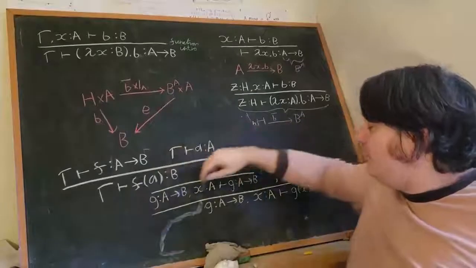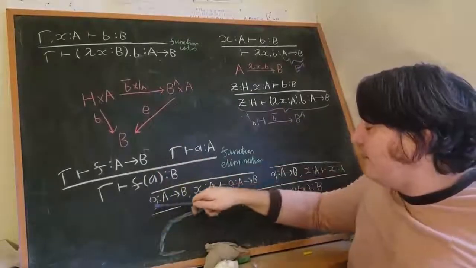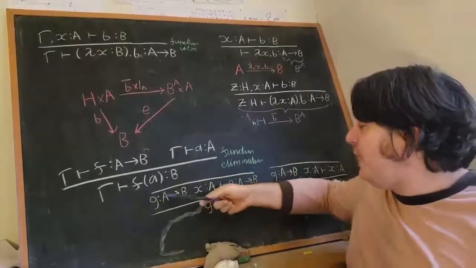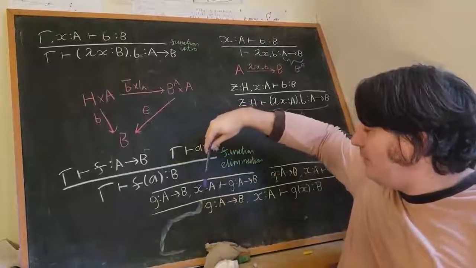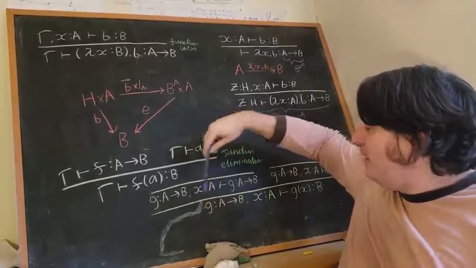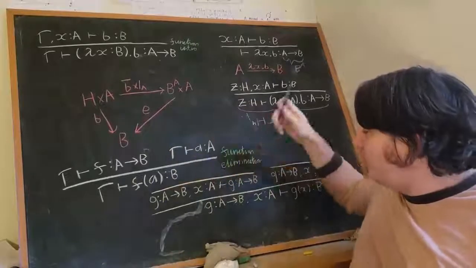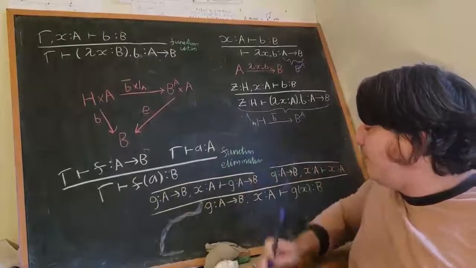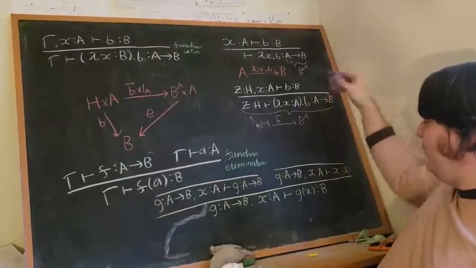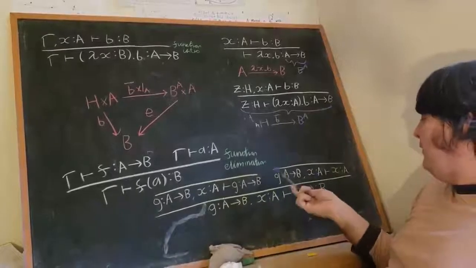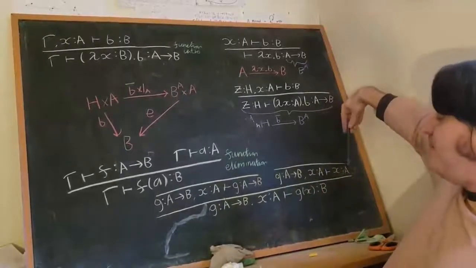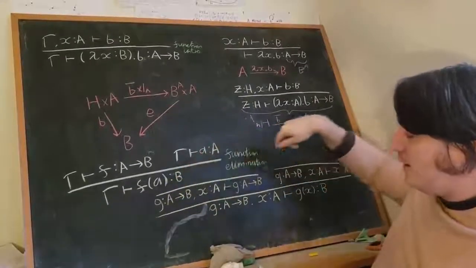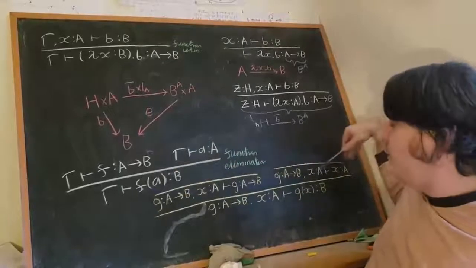So let's think about the situation where we have this context here. We have this g, which is a function type from A to B, and we also have this value x of type A. Now, given that, we can use our case rule to get that this entails that we have this g of type A arrow B. And we can use case again to know that in this context we have this value x of type A. Notice we can get these two from nothing, hence the horizontal lines with nothing above.